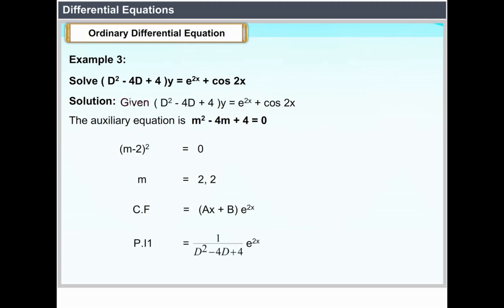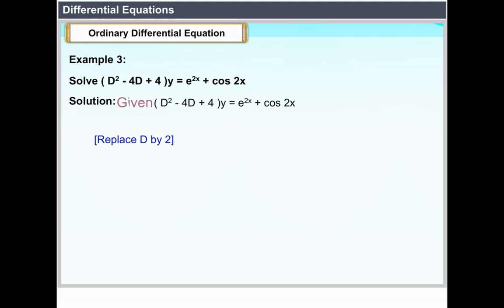PI1, that is particular integral 1, = 1/(D² - 4D + 4) e^(2x). Replace D by 2. = 1/(4 - 8 + 4) e^(2x) = 1/0 e^(2x).